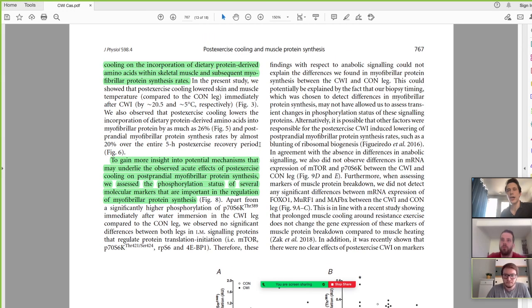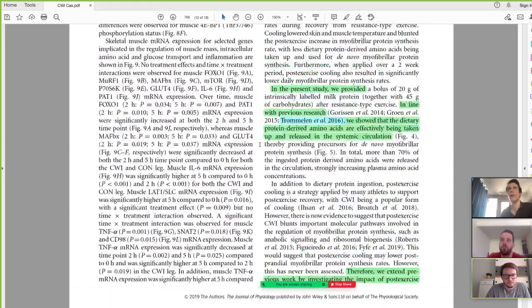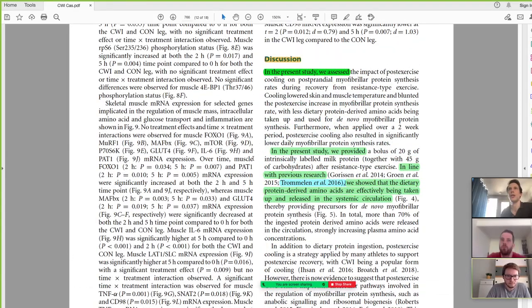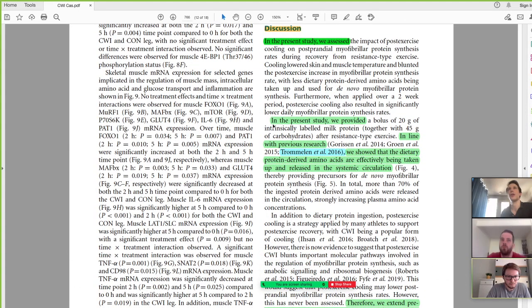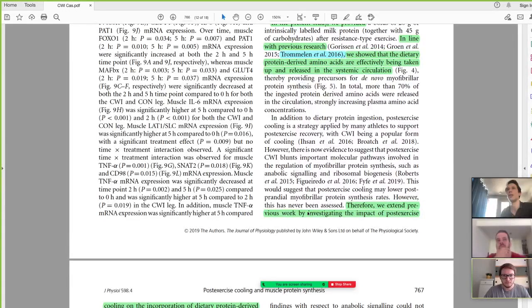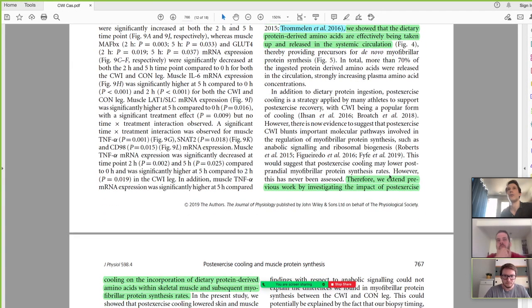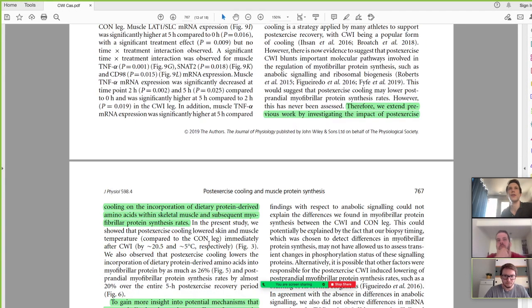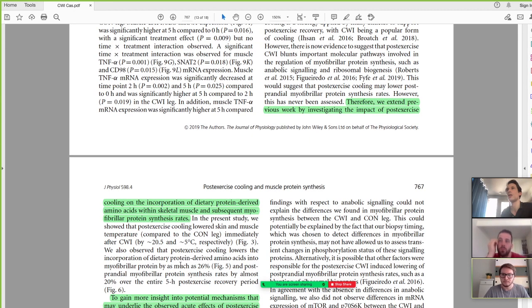So basically how a discussion is built up is it starts with a short summary, and then it's like, okay, this is what we did, this is what we found, and that is in line with previous research, or if it's not, then you'll have to try to explain what's different. And then you just repeat that trick over and over. So here you say, we did something new, muscle protein synthesis, this was the result. In this case, there is no comparison with previous literature because Cas was the first who did it.